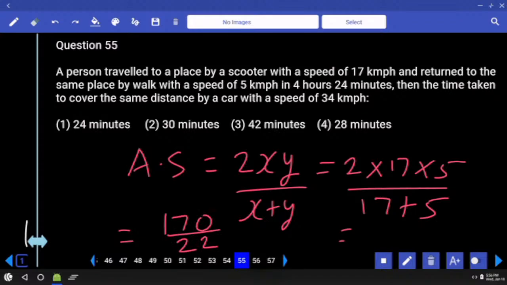Keep it like this. Now he is saying he goes there and comes back in 4 hours 24 minutes.